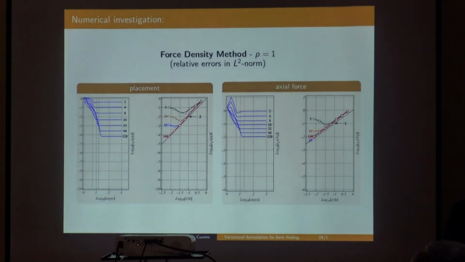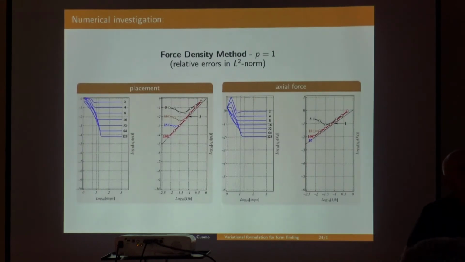Now some examples. First, the easy problem, the heavy catenary. The drawing is missing, but it is just a hanging chain with two points at different heights. This is the force density method, the one done by successive iteration.